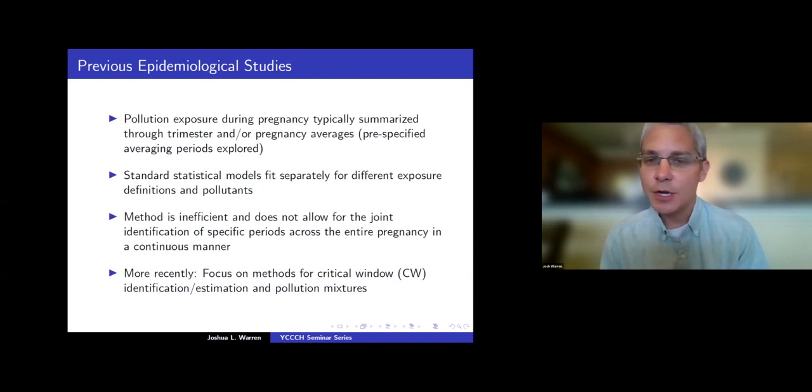I would summarize a number of the previous epi studies as using pollution exposures that are summarized a priori. They want to focus on a trimester, or on the entire pregnancy: what is the exposure across the entire pregnancy, and what impact does that have on this outcome? These are usually pre-specified averaging periods, explored separately in traditional statistical models like logistic regression, or Poisson if you're using some kind of count model.